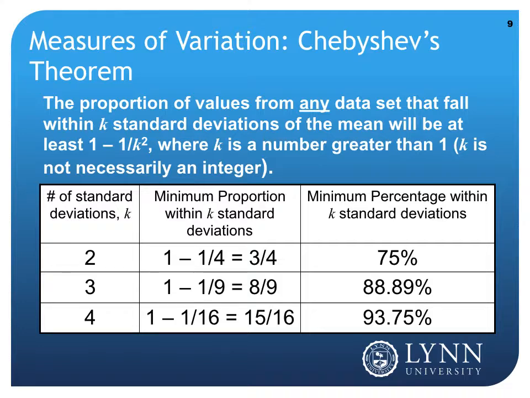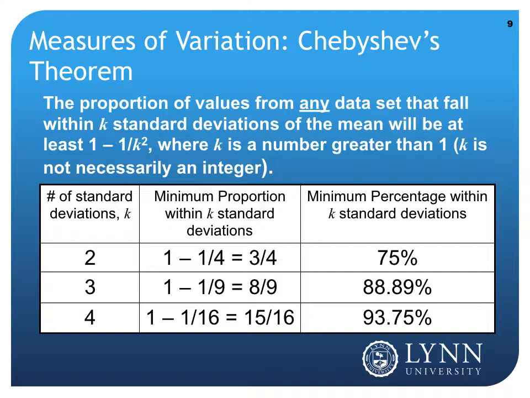I mentioned Chebyshev's theorem earlier. I'm not going to read you the next slide, you can read it on your own, but in simple terms, what this is telling you is that in any data set, within 2 standard deviations of the mean, you're going to be 75% accurate. All of your numbers are going to fall within plus or minus 2 standard deviations.